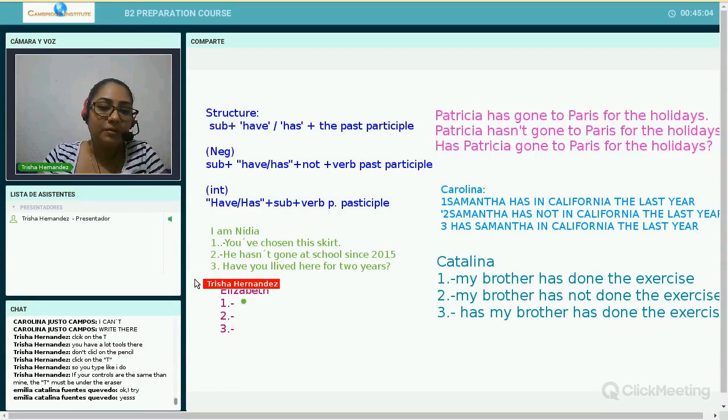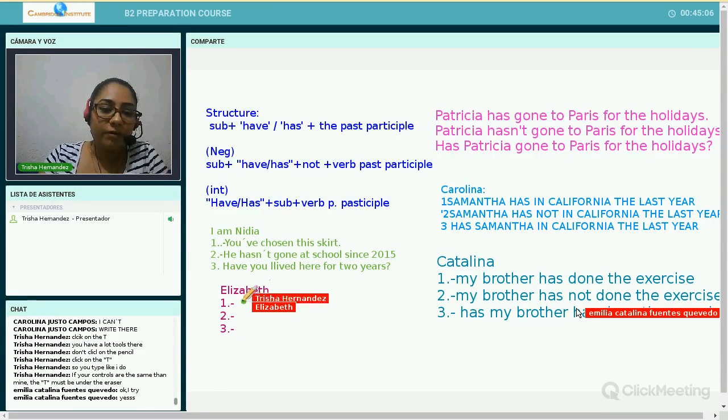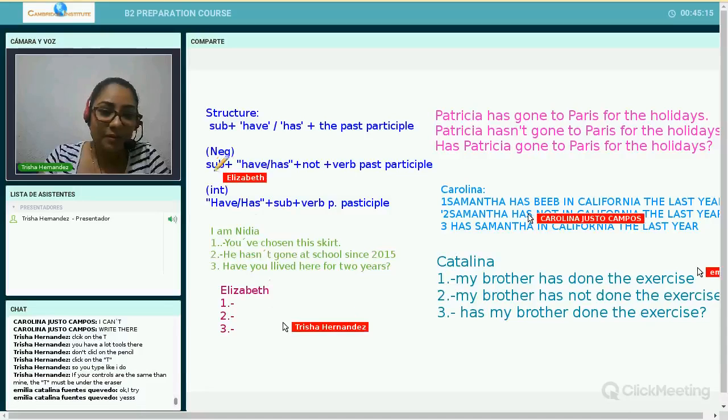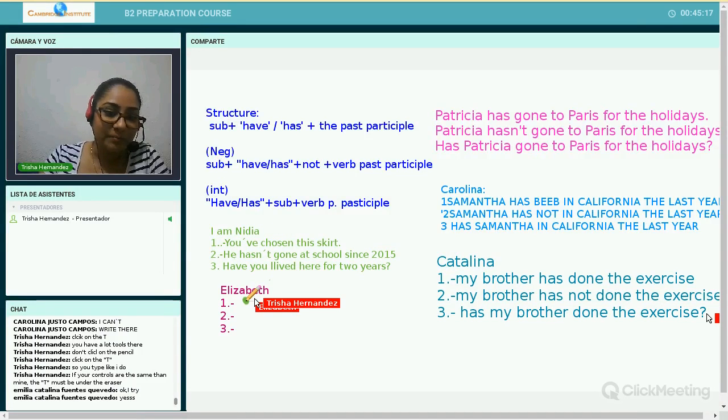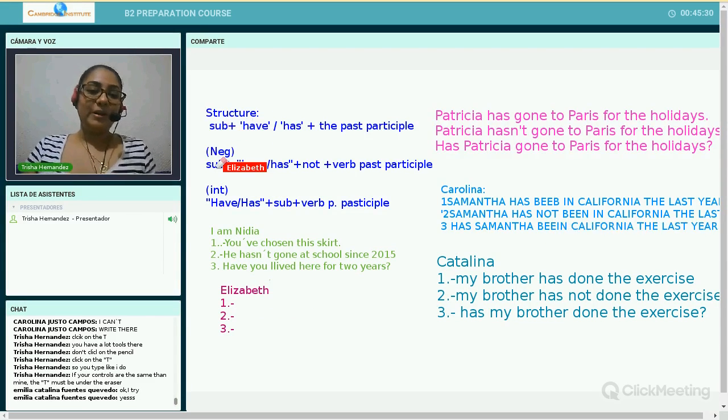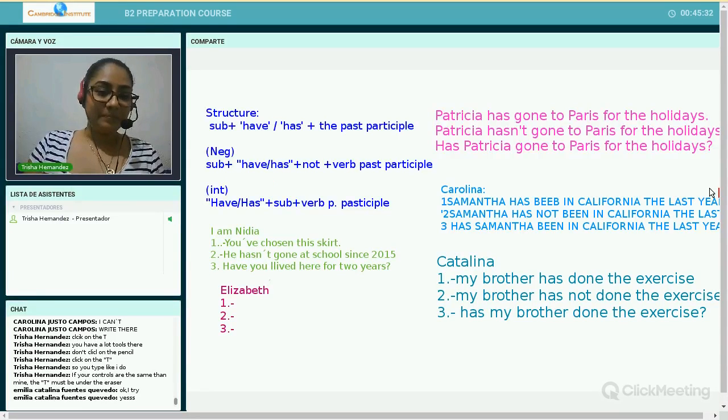Elizabeth, drop the pencil. Remember, if you click on the pencil, you get the pencil. If you click on the eraser, you get the eraser. If you click on the T, you get a different pointer. I'm helping you, Elizabeth. Just click on the T. It says text.